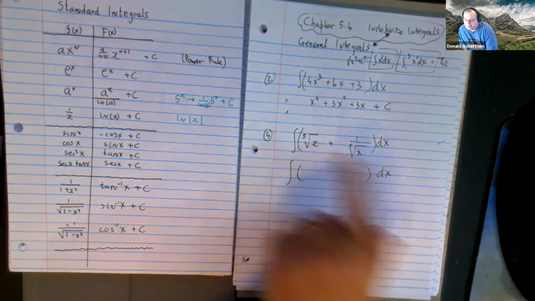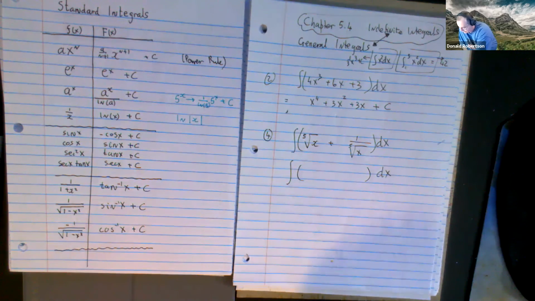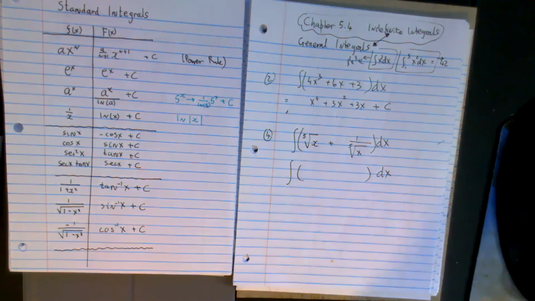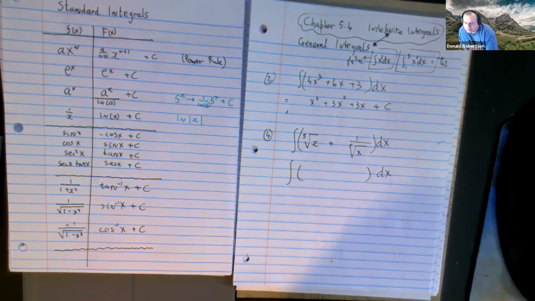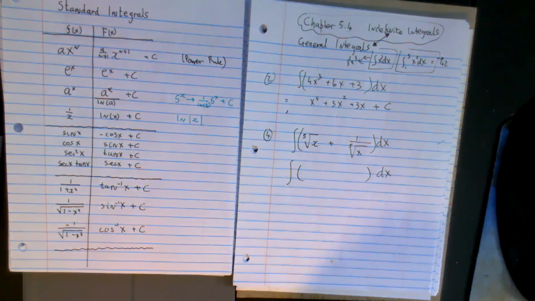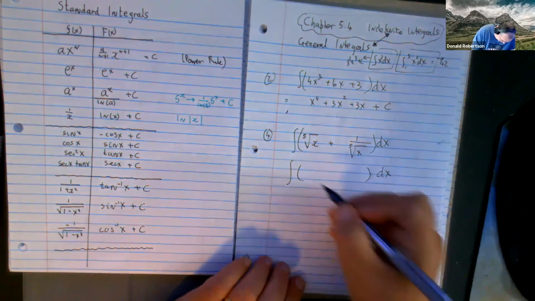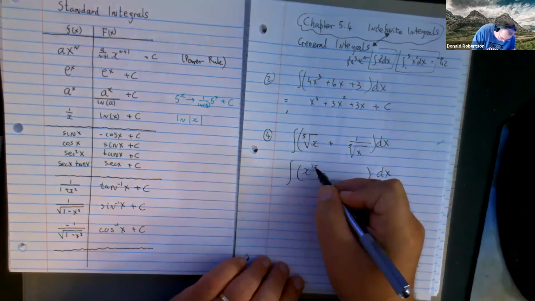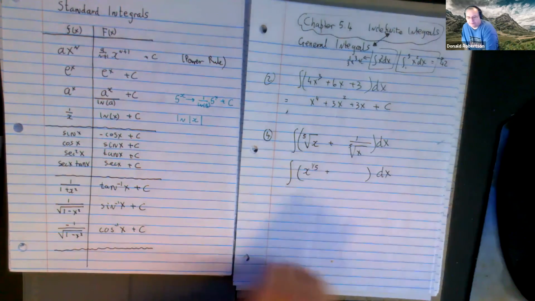How would you write the 5th root of x? X to the power of 1 over 5. Correct. And what about 1 over the 5th root?